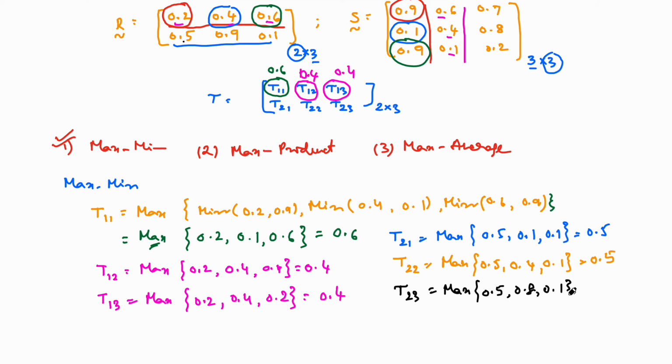So now the maximum out of these three is 0.8. Hence I can declare that T will be equal to T11 is 0.6, T12 is 0.4, T13 is 0.4, T21 is 0.5, T22 is 0.5 again, and T23 is 0.8.